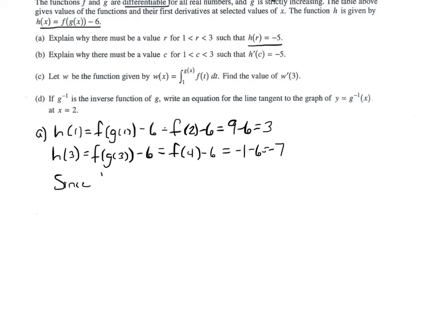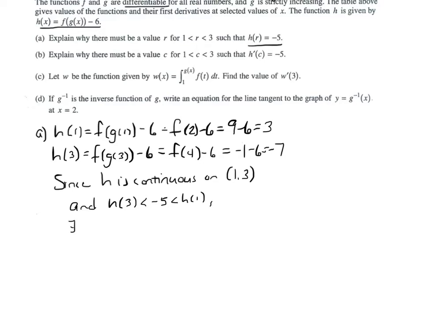So we can say since h is continuous on [1, 3], and since the value they're talking about, that negative 5, is between h of 3 and h of 1, there must be some value r in our interval from 1 to 3 such that h of r is equal to negative 5.